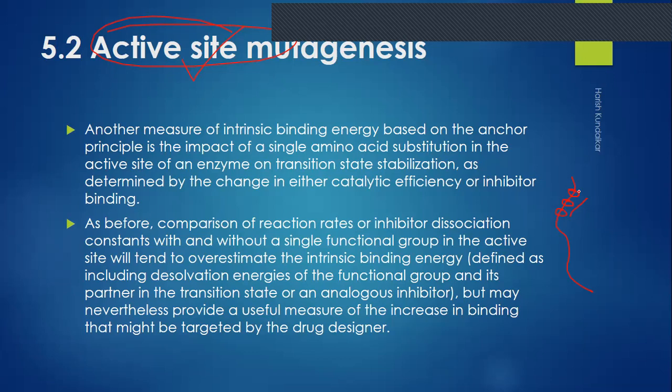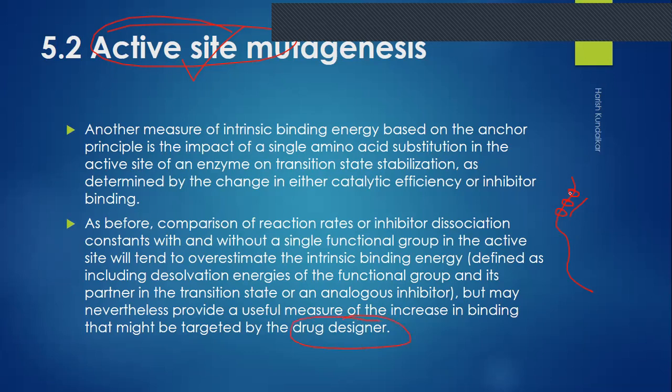Whereas if some amino acid is changed in the active site and the ligand stops binding, that means that amino acid was involved in binding interaction with that ligand. That cannot be changed. So we can use this principle of active site mutagenesis to design drugs that can bind better.